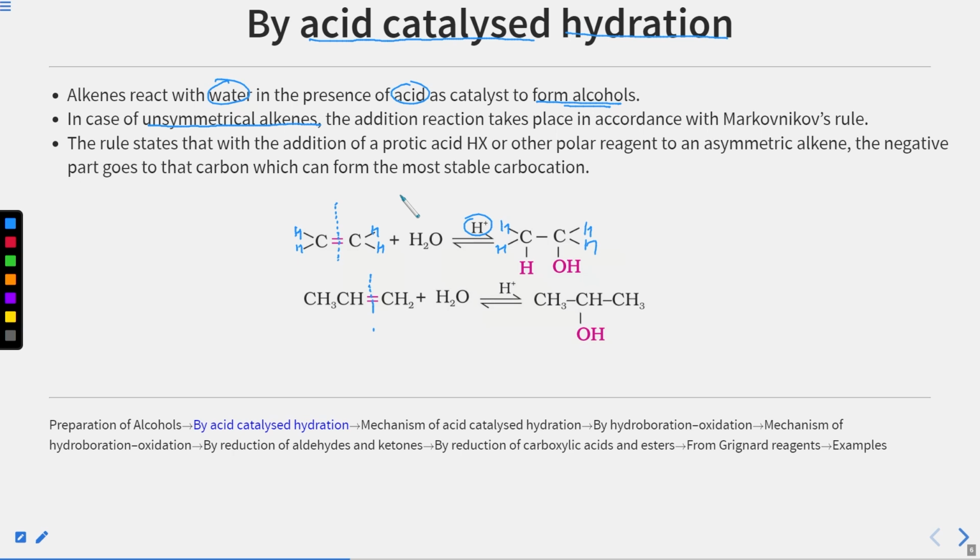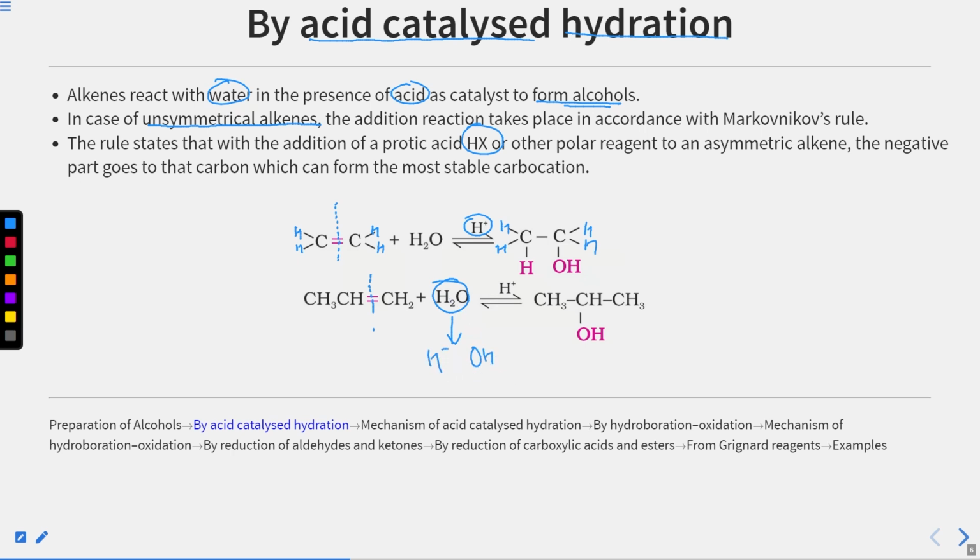In those cases, we followed Markovnikov's rule. We will follow the same here also. So what is this Markovnikov's rule? It says that the negative part, so if we have an acid like H2O, it has a negative part and a positive part. How? If you put it in the form of HX, take an H out here. So what will be left? You will be left with OH.